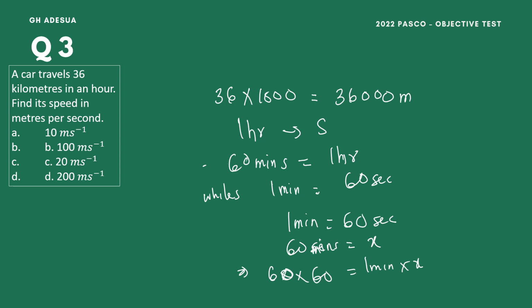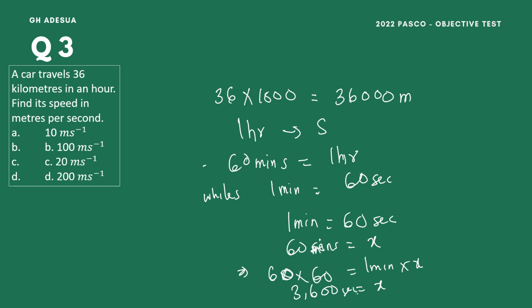So then we have 3,600 is equal to 1 times x, and then that is x. Alright? So this means that in every hour there are 3,600 seconds. So for every hour we have 3,600 seconds.